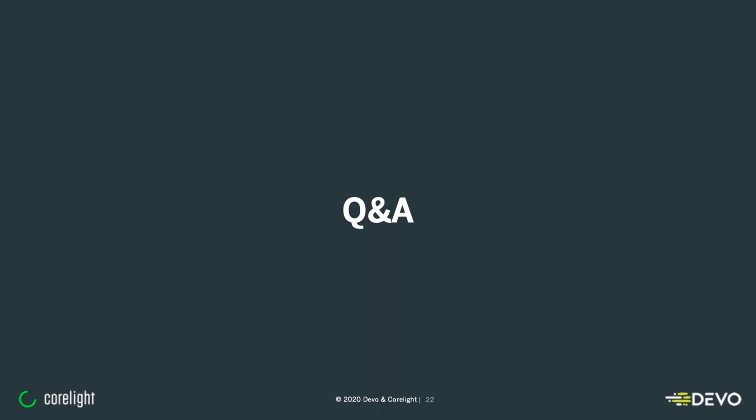Excellent, thank you. And next question, does Corelight use any ML-based threat models to detect anomalous network patterns? So with Corelight, what we're doing is providing a data source that you can use for those ML-based threat models.